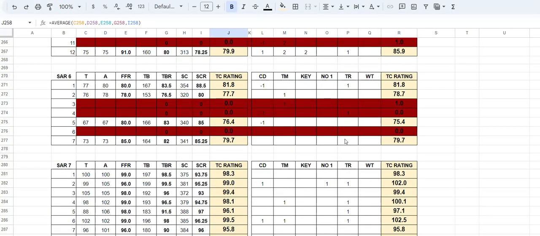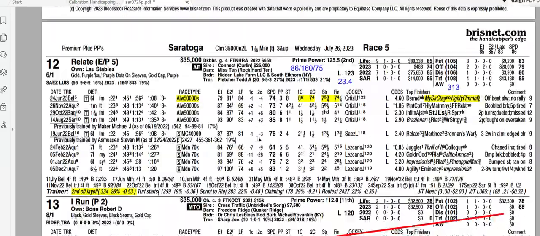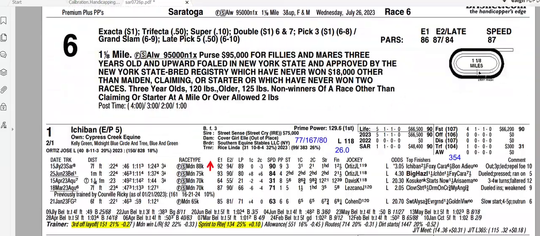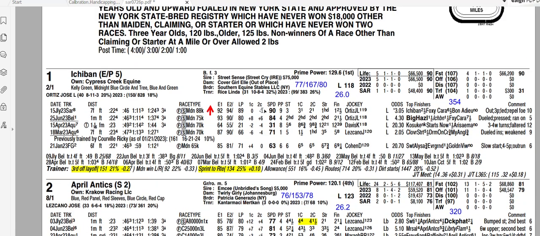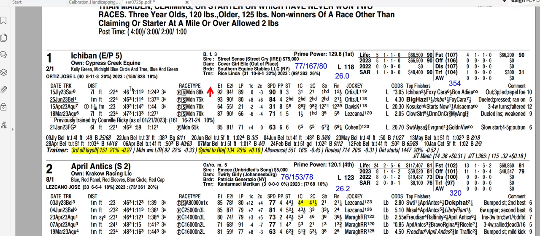Okay, race 6. Race 6 is 1.125 miles. This is another doozy here. I had to do a lot of manipulations from going from dirt to turf, sprint to route, almost marathon distance. And this is what I talked about before in other videos: intangibles.